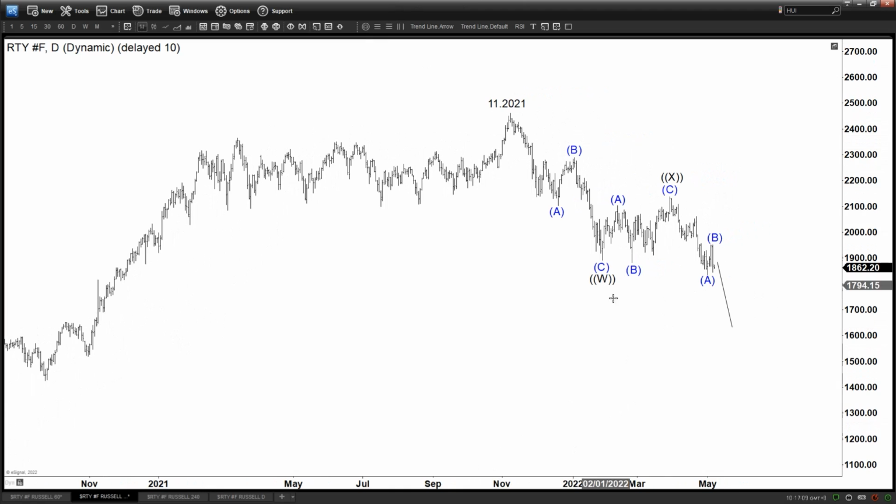And okay, so assuming this is the count, then we can see we are now doing ABC, and the C eventually is going to end the Y, right?